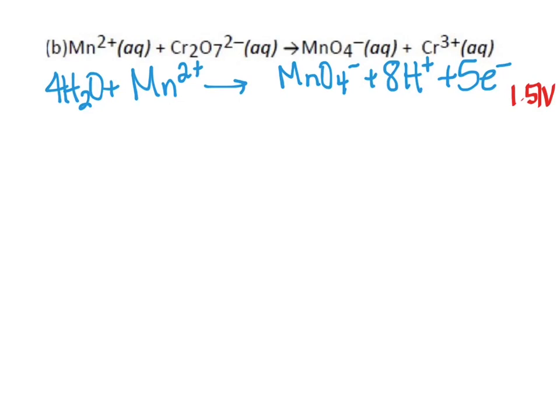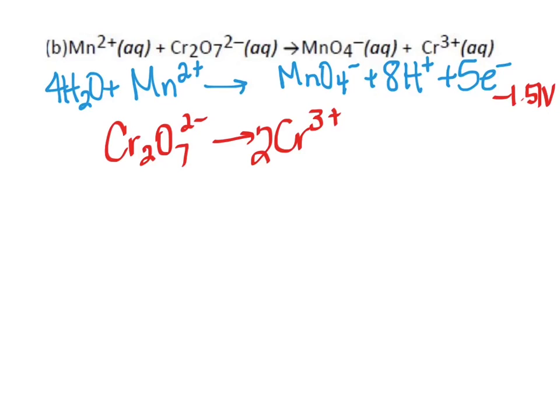Now we go and do the same thing with dichromate. Oh, it's negative? Yeah. We go to dichromate, Cr2O7 2 minus, and we get Cr3 plus. So balance your chromiums, put a 2 there.